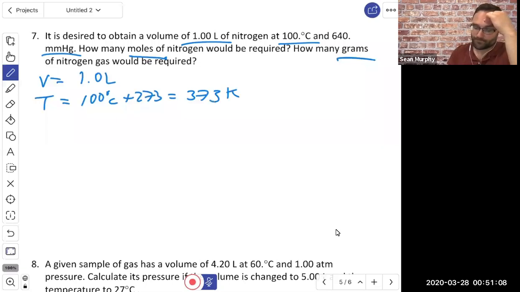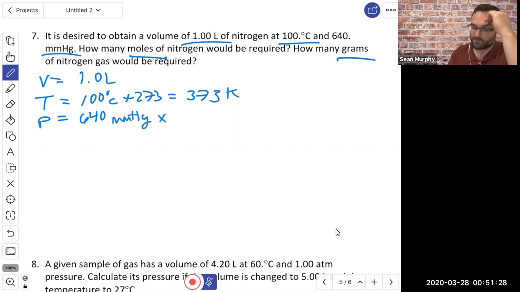Check. We have pressure, and it's at 640 millimeters of mercury. You can also call this torr, because Torricelli used millimeters of mercury.